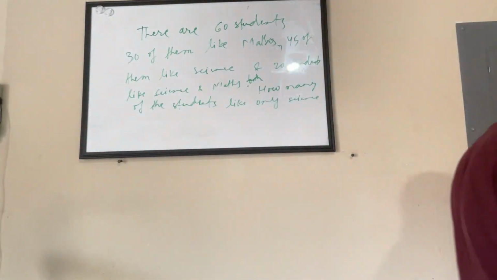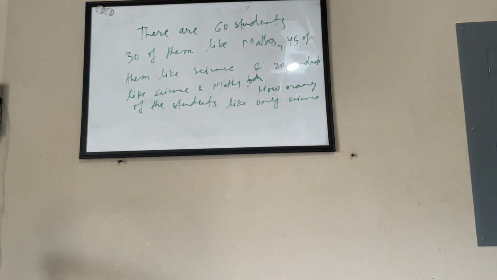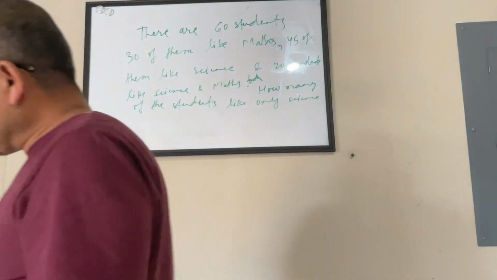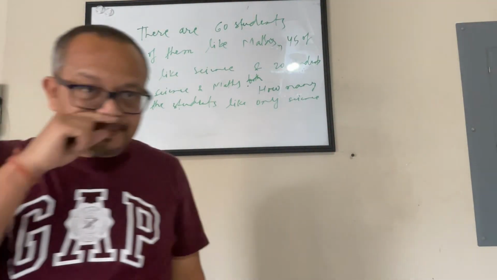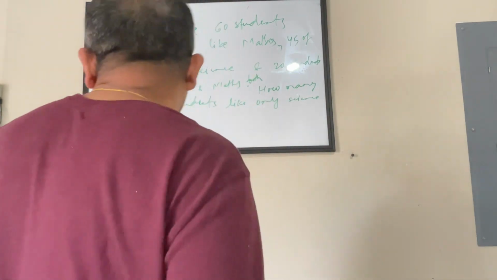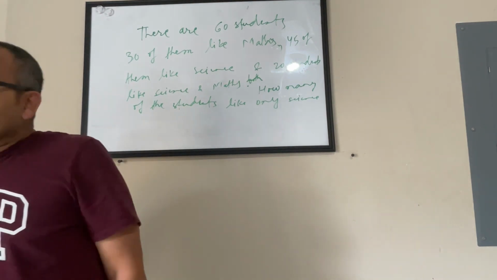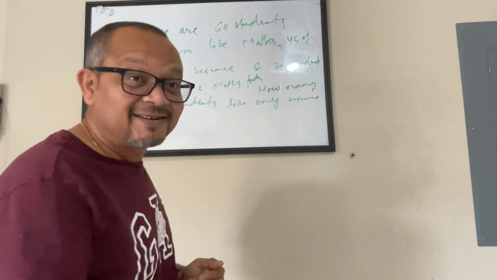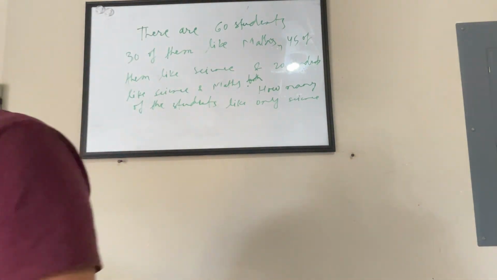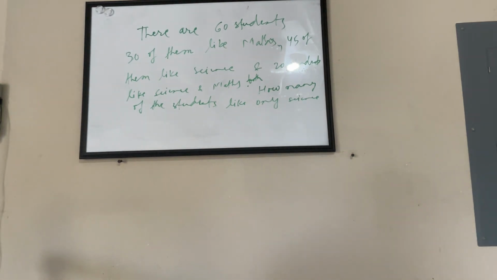It's supposed to be 65, but I'm confused because if you add 30, 45, and 20, it would give you 95, but there are only 60 students. Yeah. So that's where the Venn diagram comes in. That's why I make you think. Then you'll get it right.